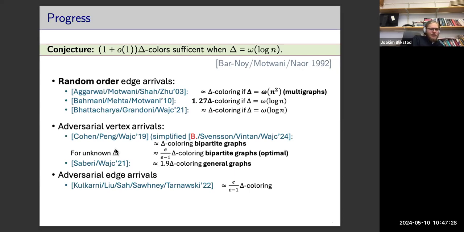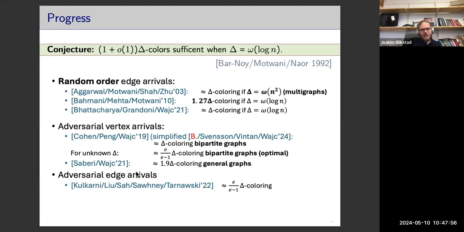And here also, there's one interesting result. Throughout this talk, I assume we know what the max degree is, that it's delta. But if you don't know what it is, you cannot, even in high degree graphs, get down to 1 competitive. And there's actually a tight result for bipartite graphs, and it turns out to be e over e minus 1, which is a constant which shows up a lot in online algorithms, roughly 1.58.